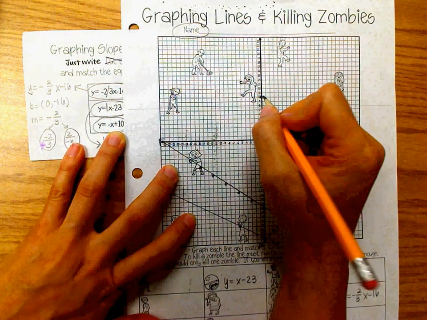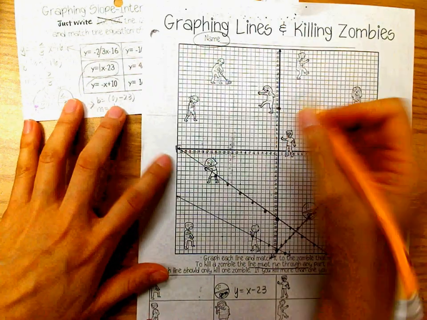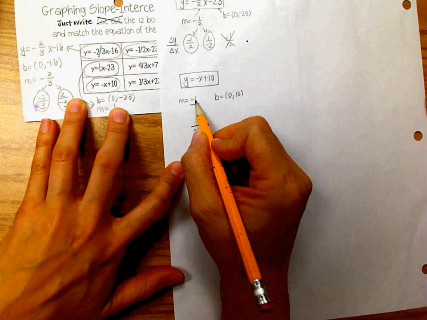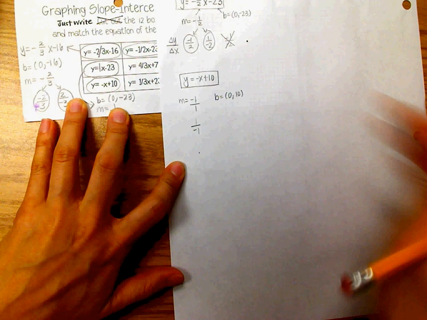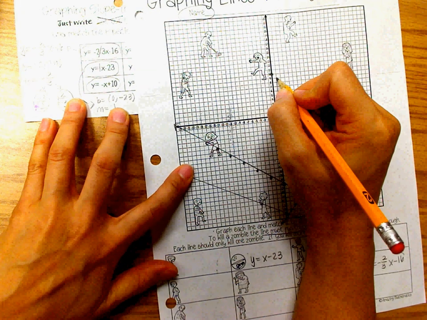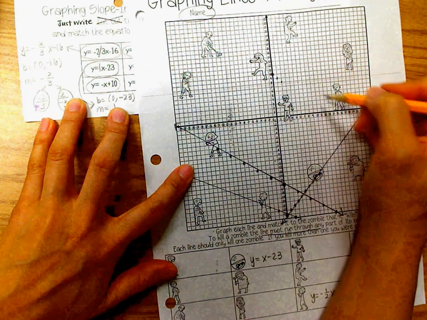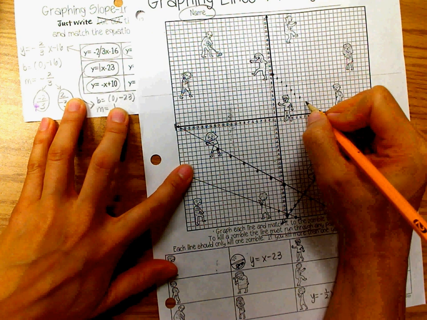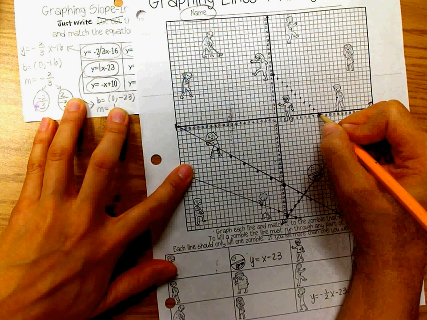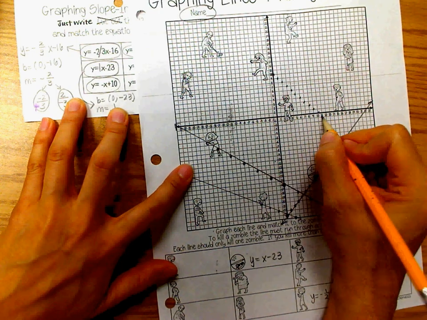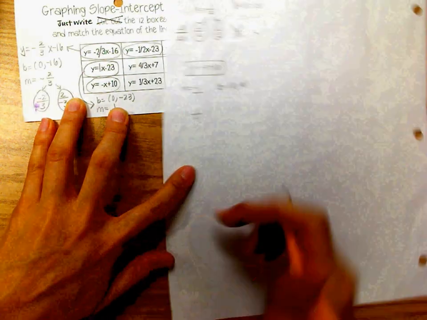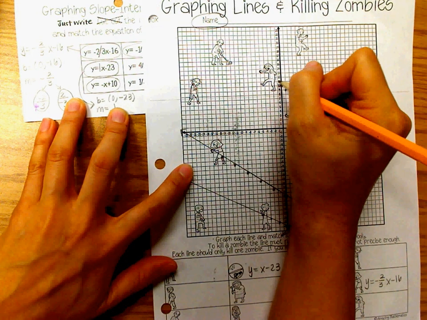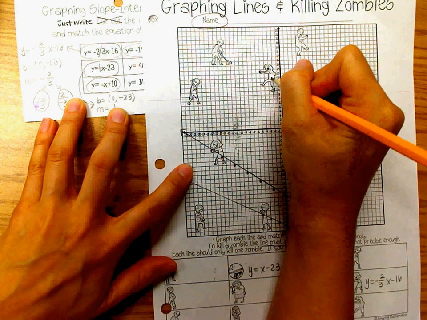And then, according to my slope, remember this is change in y, so this is negative, so it's down 1 and right 1. So let's try going down 1, right 1, down 1, right 1, down 1, right 1. Keep going, good. I'm not going to hit any other zombies. But if I go the other direction, up 1, left 1, up 1, left 1, up 1, left 1, that's the zombie that's getting hit.